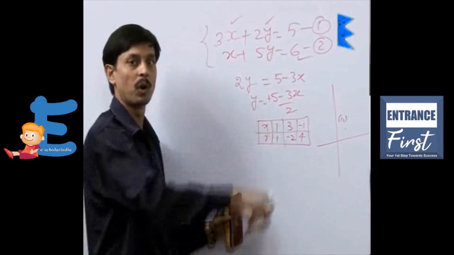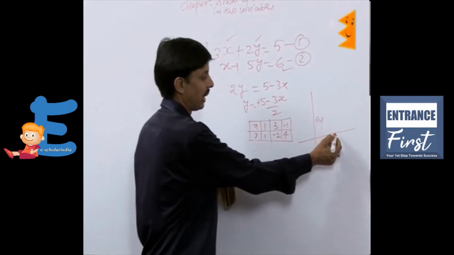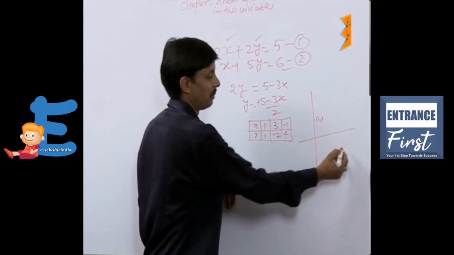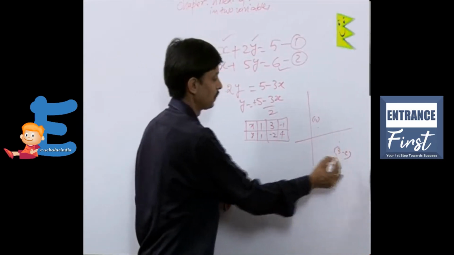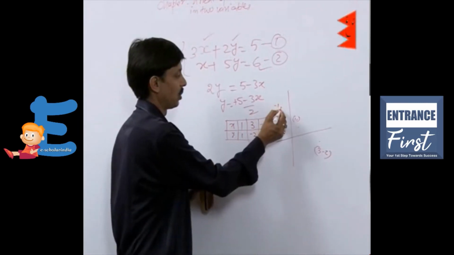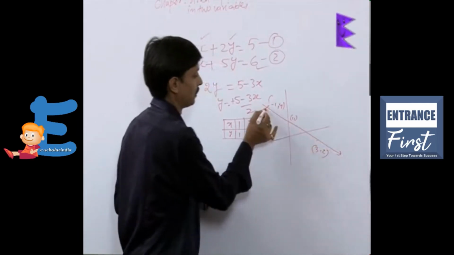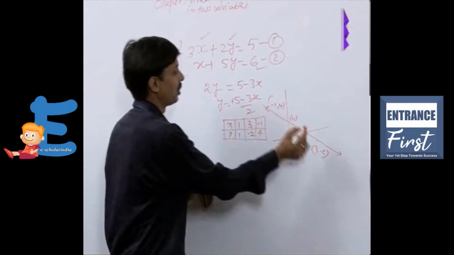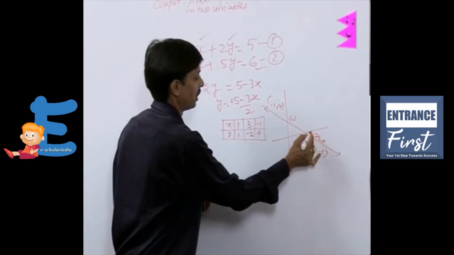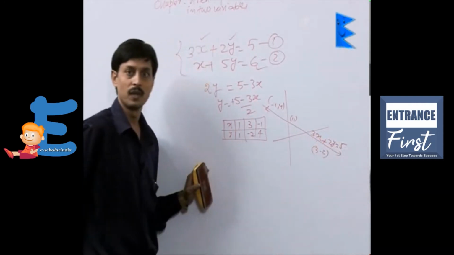You students have to plot on the graph paper, so you will find it exact. 3 comma minus 2, x is 3, y is minus 2. It may be like this. Minus 1 comma 4, this point may be like this. We can join it with a straight line and we will write on this line 3x plus 2y is equal to 5.